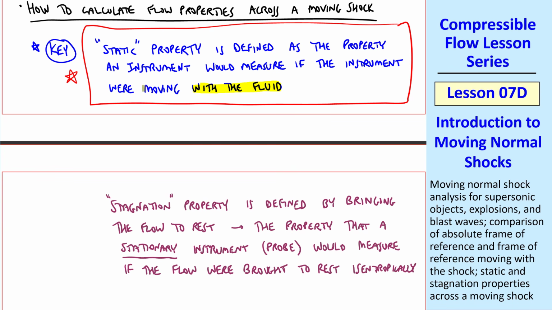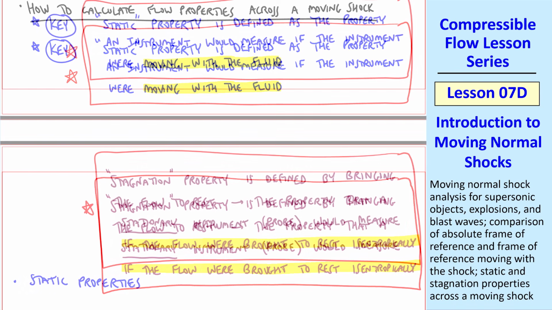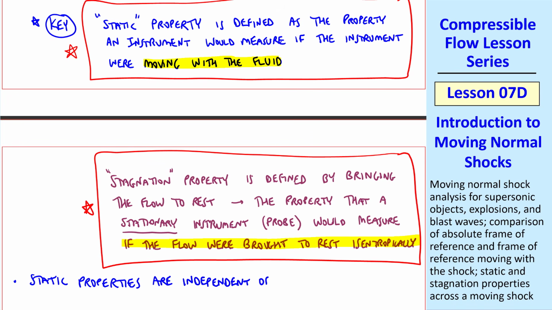The difference is that static properties are measured moving with the fluid, and stagnation properties are measured if the flow were brought to rest isentropically. And you can see by comparing these definitions that static properties are independent of frame of reference, since no matter what frame of reference you're in, you would move with the fluid, at least in your mind, to measure the static property.